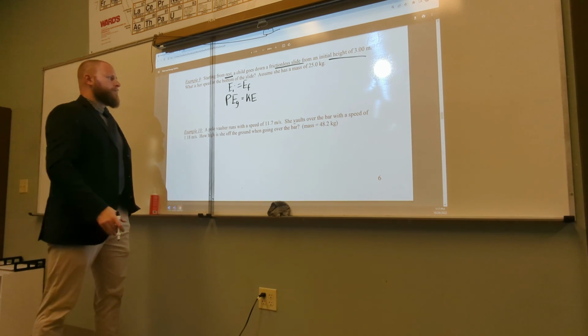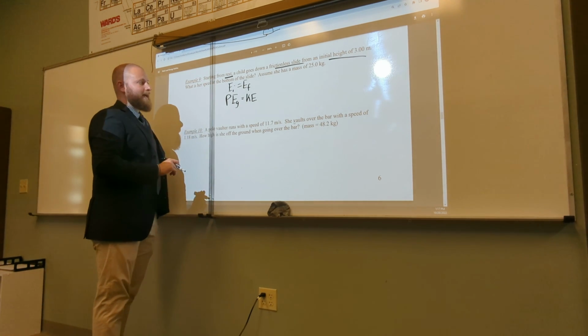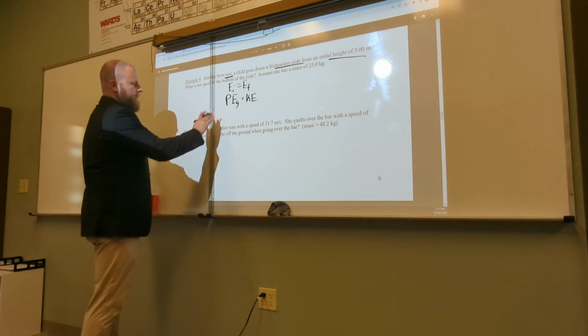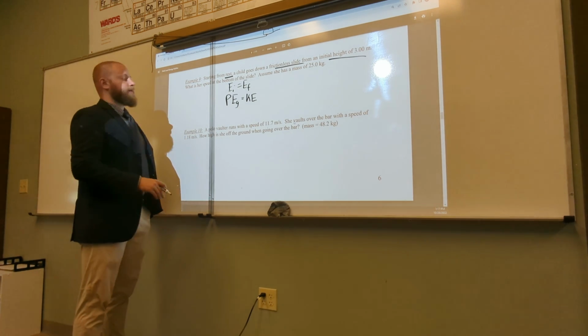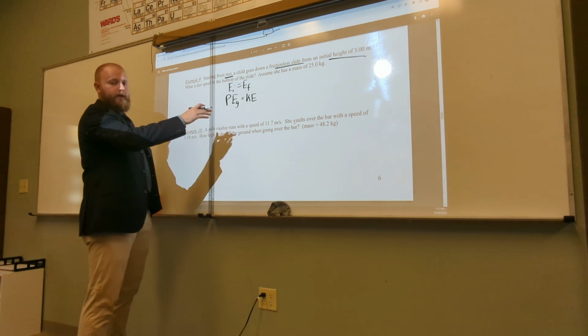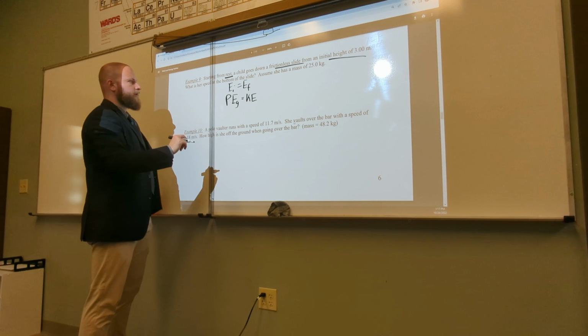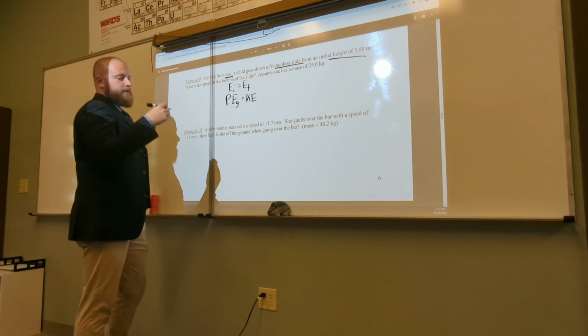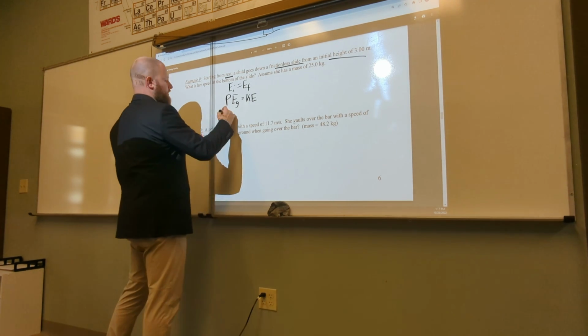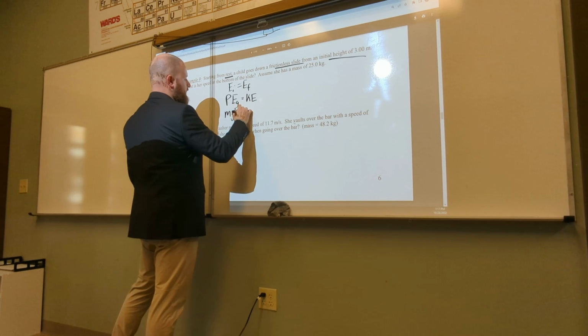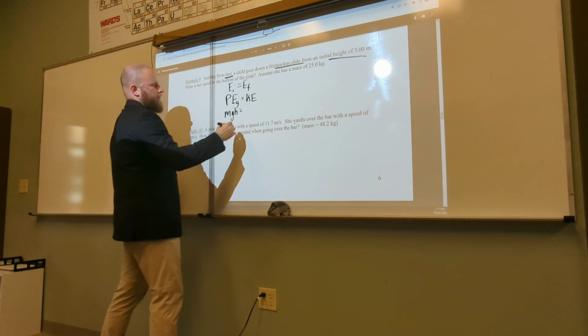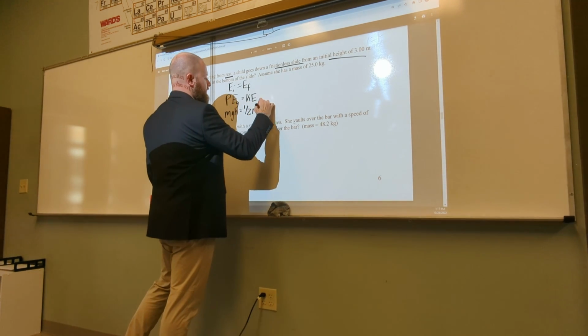Okay, so my first step is just writing down E_I equals E_F. My second step is applying what types of energies I start with and what types of energies I end with. Then my third step is plugging in what these formulas are. So I have mgh, right? That's my formula for PE_G. And I have 1/2 mv squared.